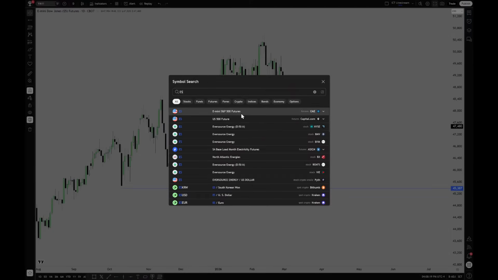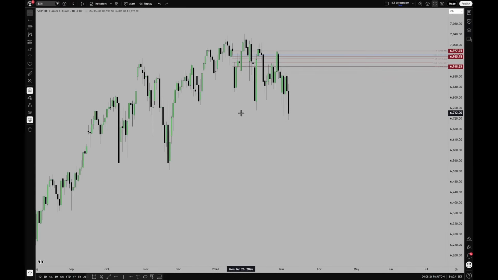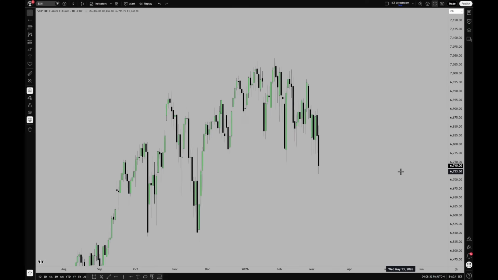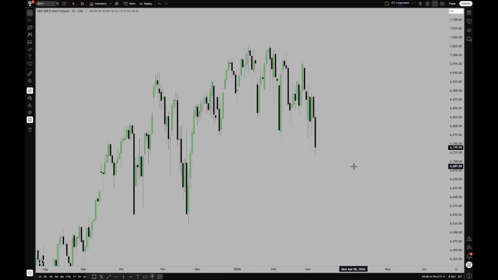Run into the ES. Okay, and if you've been a student of historic price action, I'm a little bit of a buff in that regard. The S&P 500 has made a very historic level of compression.